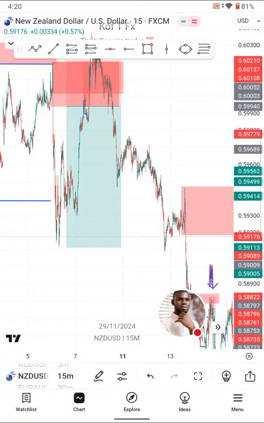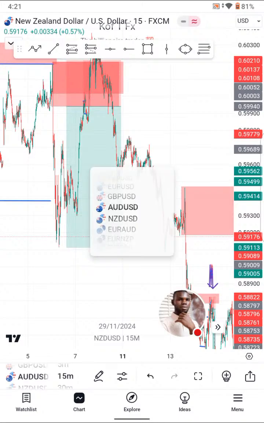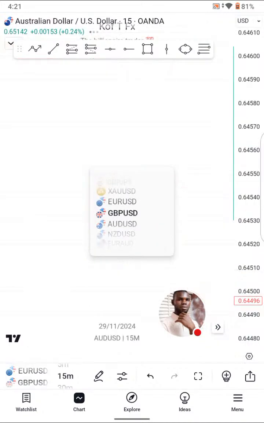So let me check again if I still have another one. After this, I'm going to stop there for today. The one I also lost, GBPJPY. Let me go and check GBPJPY.